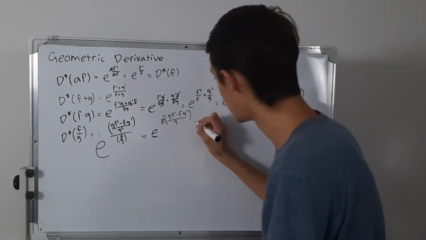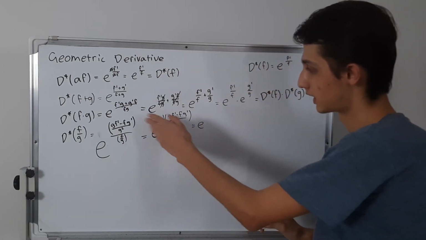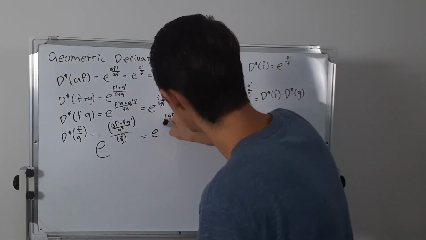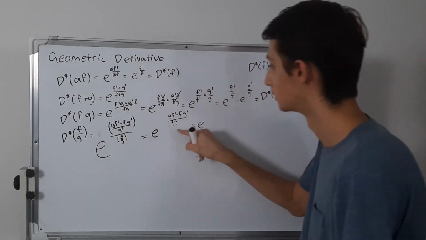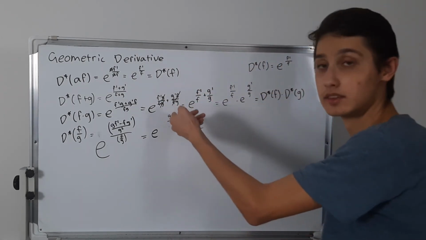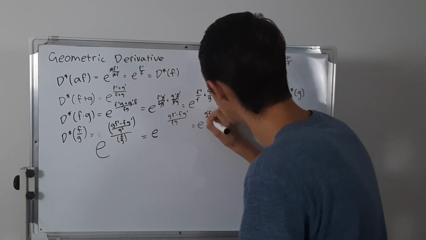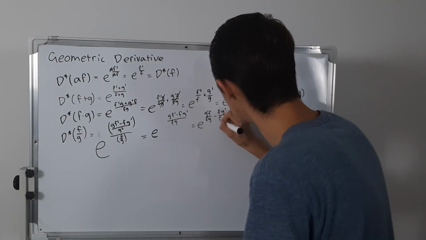Alright, so now all we do is we can actually just distribute that. We can put this in the bottom, so we can have it like that, right? So we have the fg on the bottom. We can split these up again, so we have g prime f over fg minus fg prime over fg.